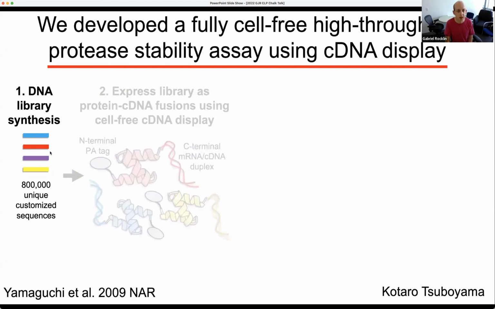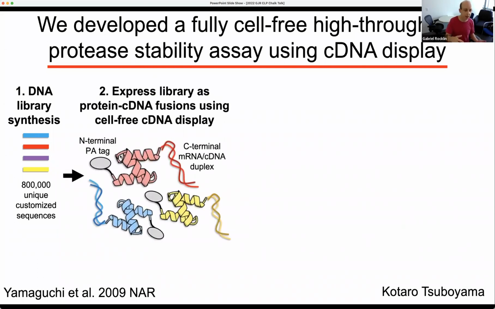And then we take all those oligos and we mix them with polymerases and ribosomes in a cell-free protein synthesis system using the special technology of cDNA display, so that at the end of translation, every protein is linked to its mRNA, and then we actually reverse transcribe that mRNA into cDNA so that there's a covalent attachment between the cDNA and the protein.